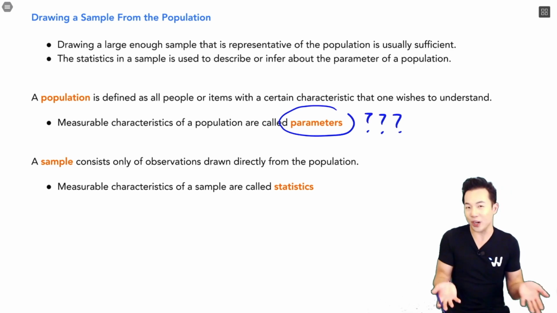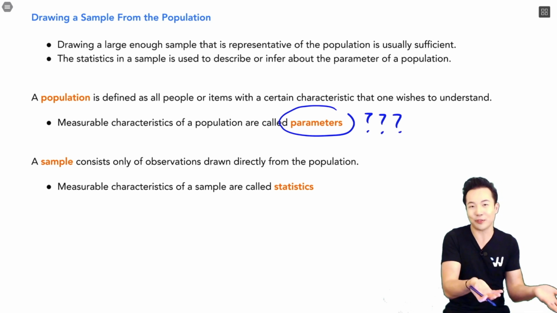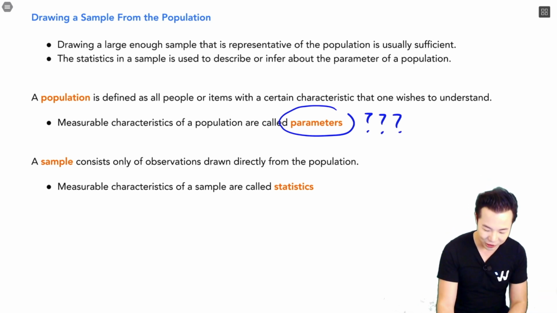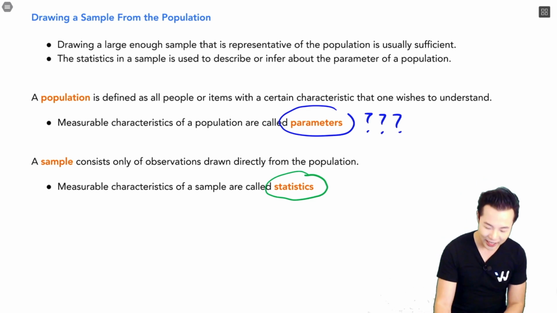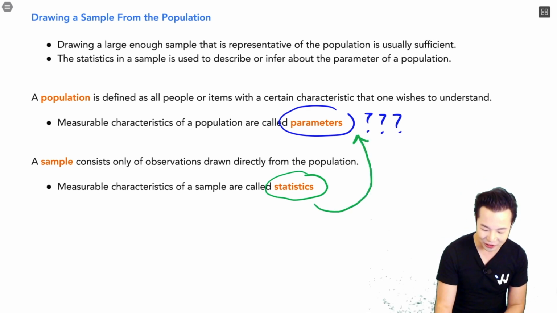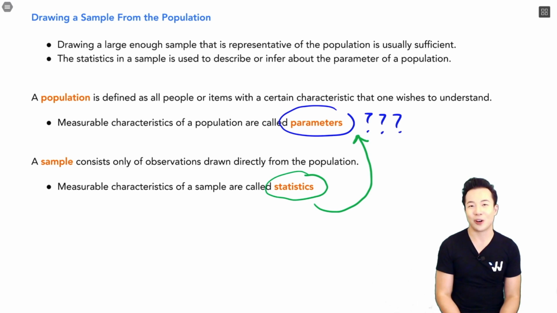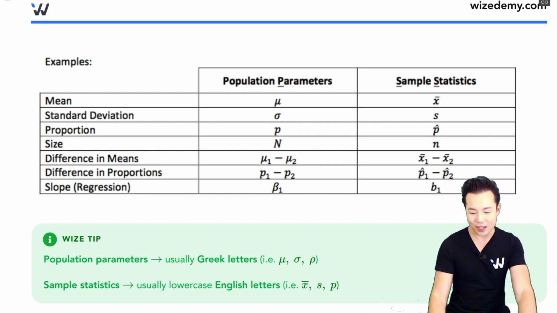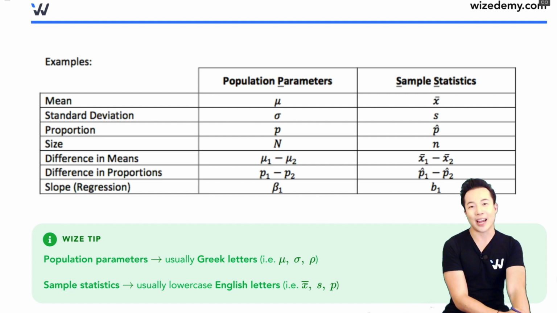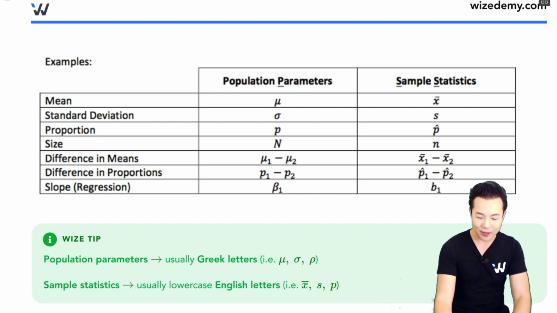But the sample is right in front of you because you've drawn that sample. So you have information called the statistics, and you're using that to estimate or infer about the population that's usually unknown.